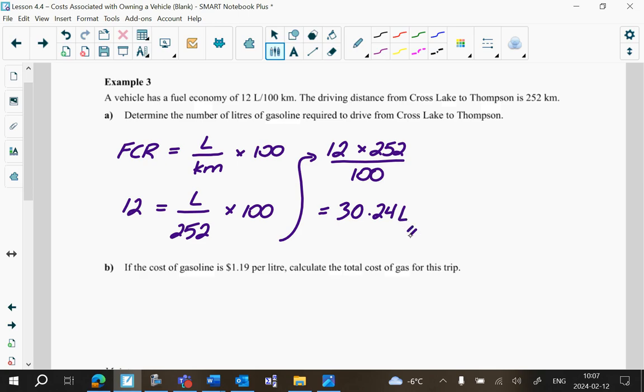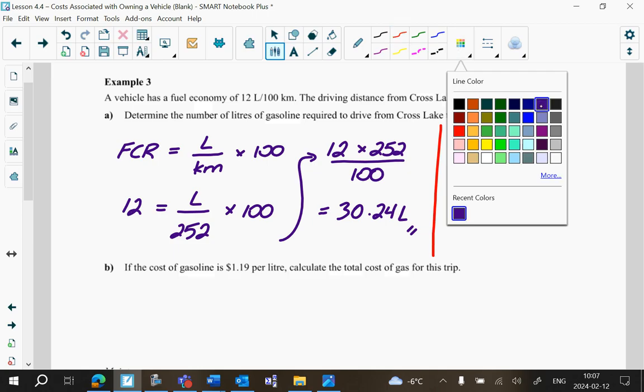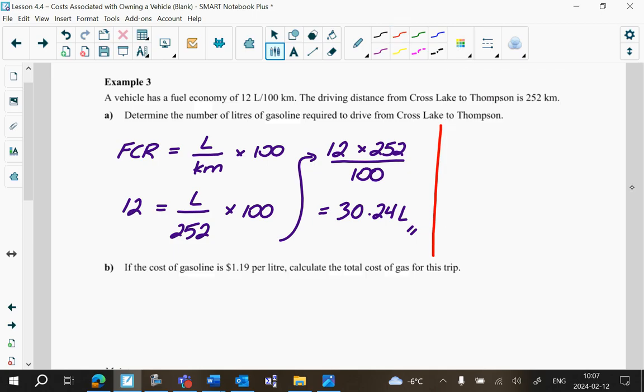Another way you could look at it is to set up one of those proportions that you can cross multiply. I know that I can drive 12 liters every 100 kilometers. I want to know how many liters for 252 kilometers. So how do we get rid of the fractions here?